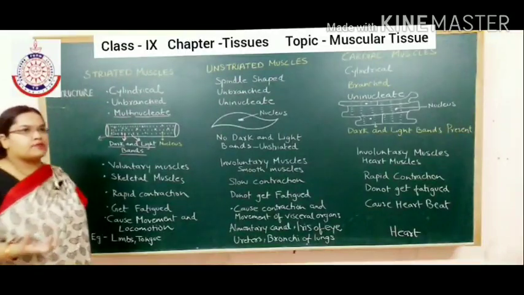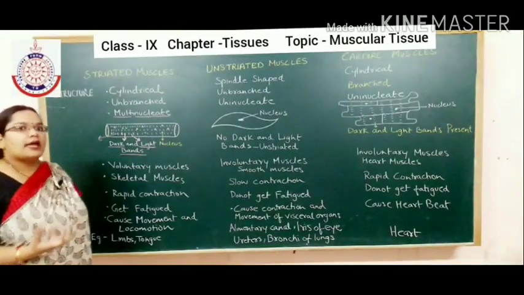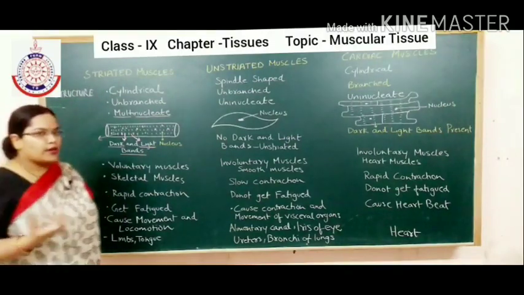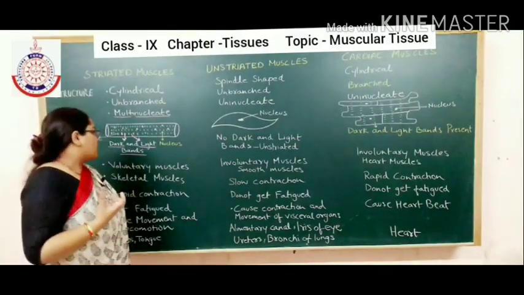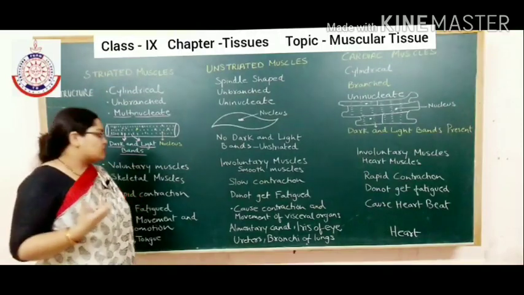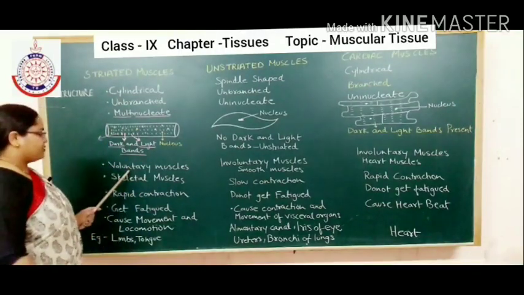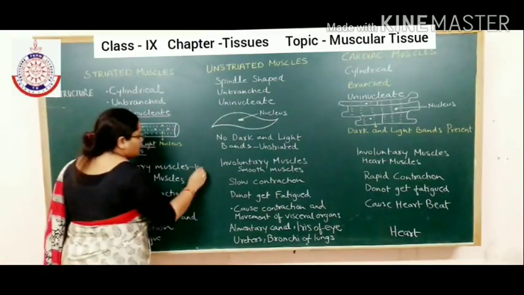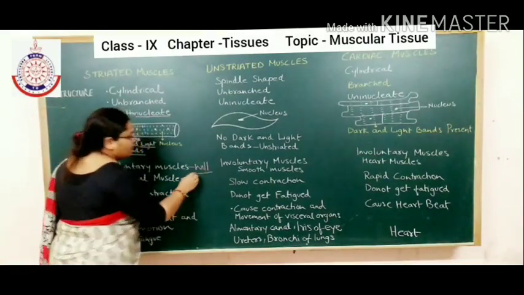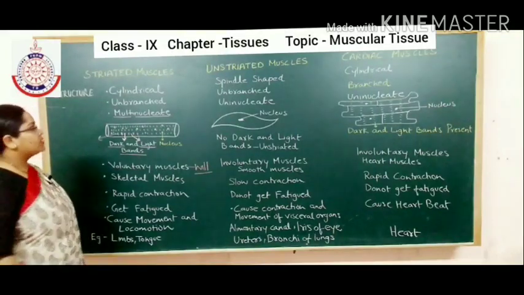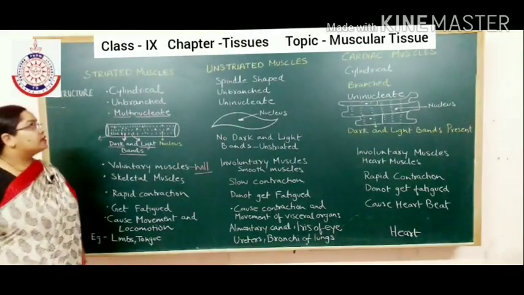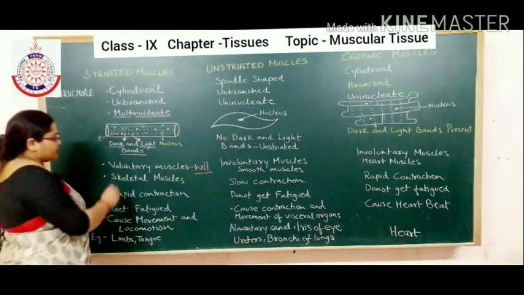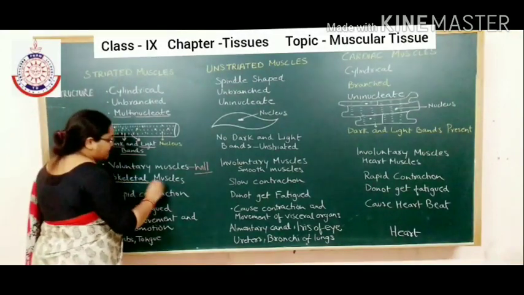Now these striated muscles can work according to the will of the person. It means you can control these muscles yourself. So that's why they are known as voluntary muscles, because they work according to the will of the person. These striated muscles are also known as skeletal muscles.